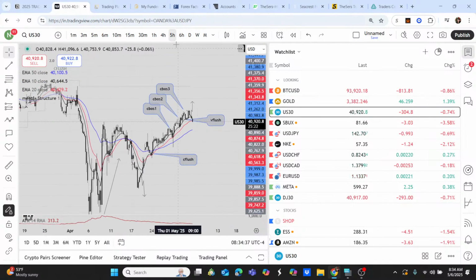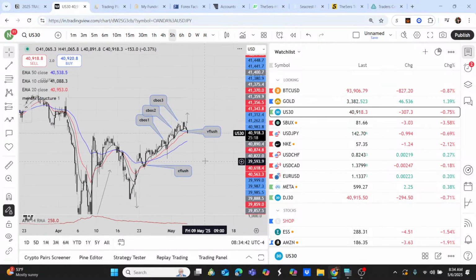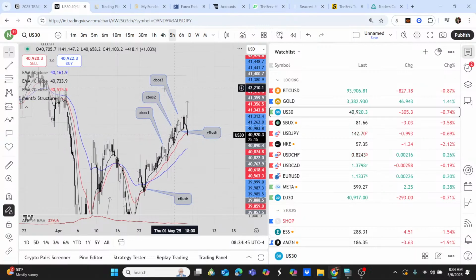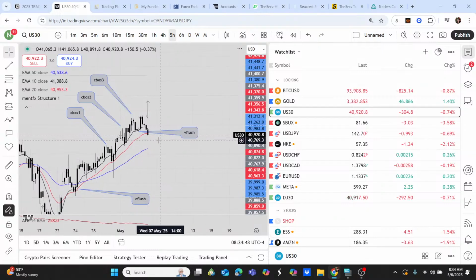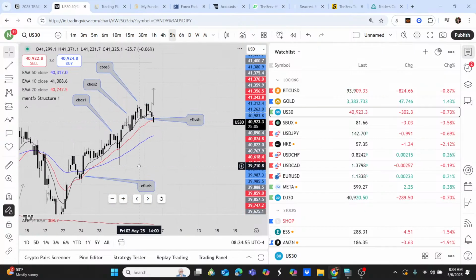US 30, it's not ready right now. It looks like we are still pausing against the 20. It could even reflush, but we created the third.